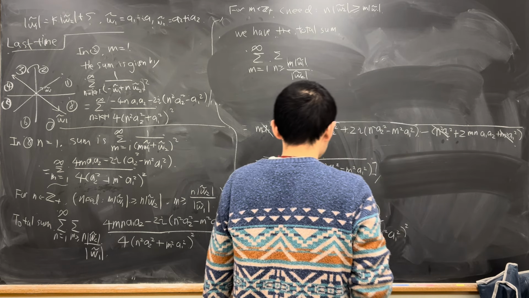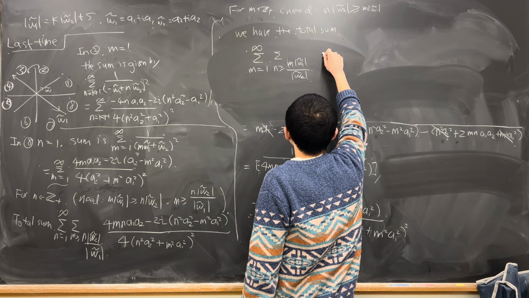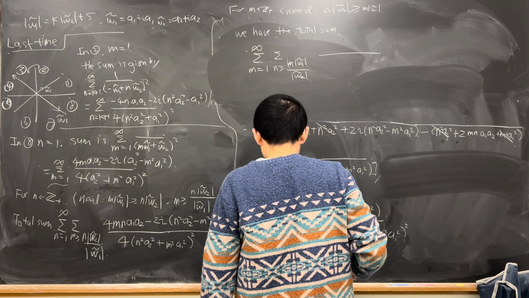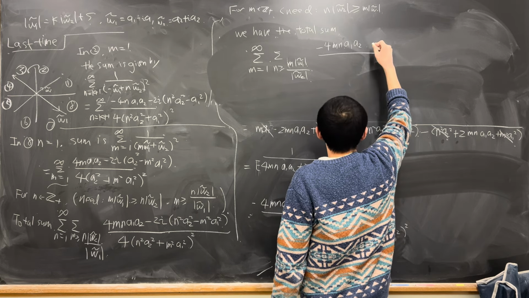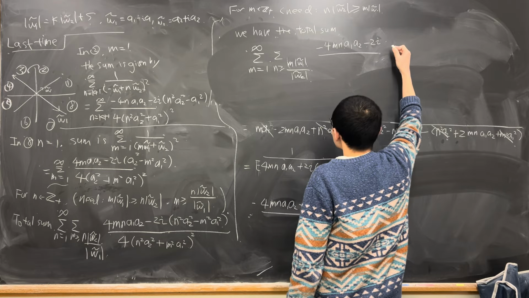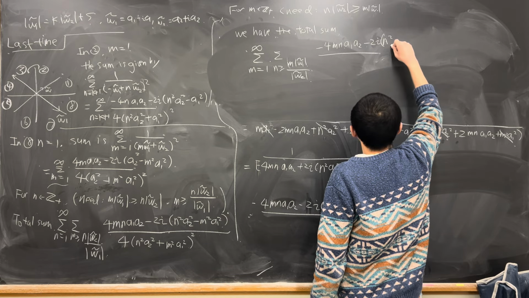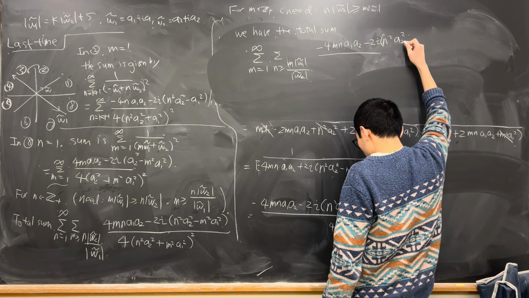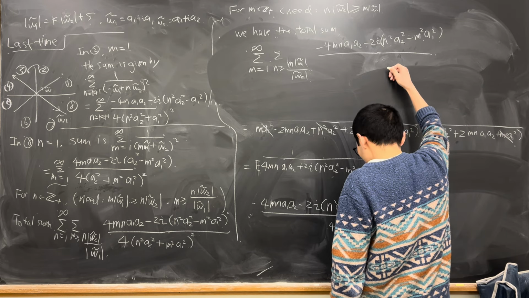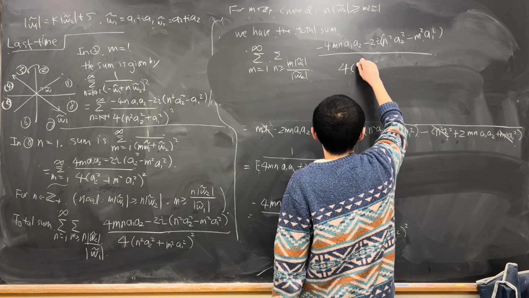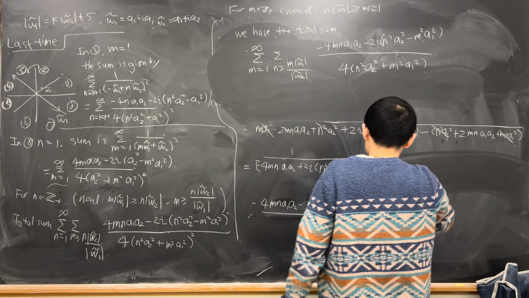So, -4 mn a1 a2 minus 2i n squared a2 squared minus m squared a1 squared, over this 4 n squared a2 squared plus m squared a1 squared, squared.